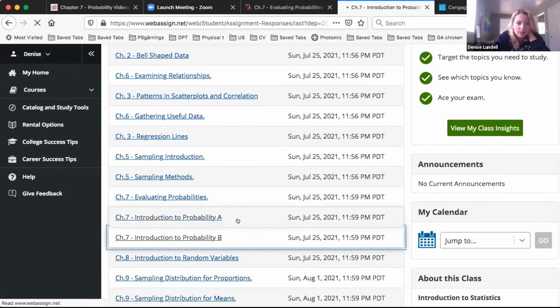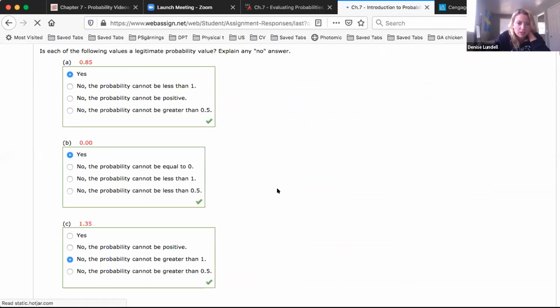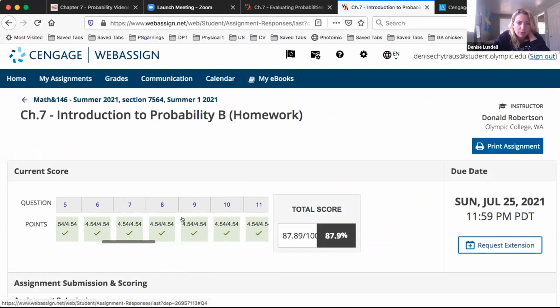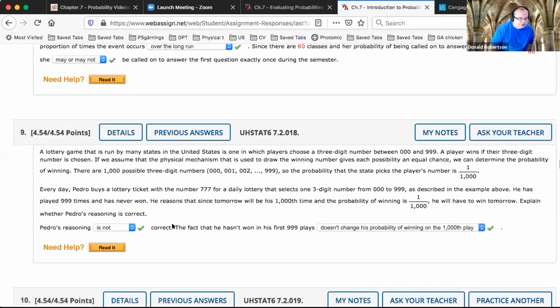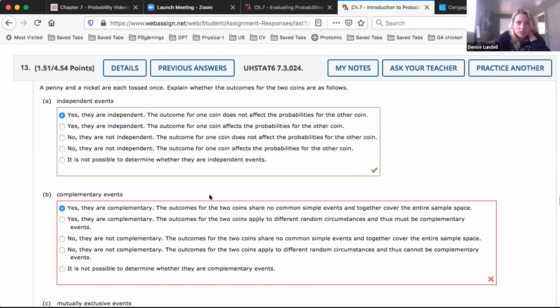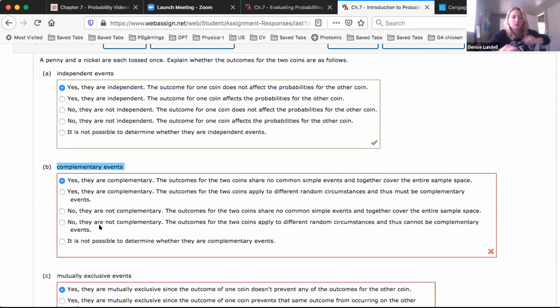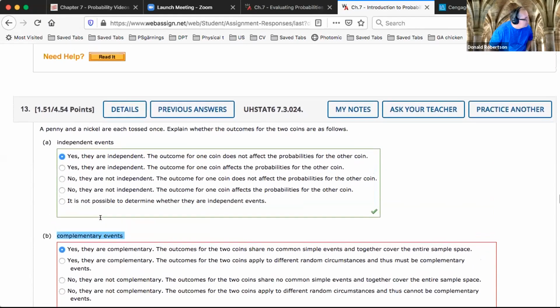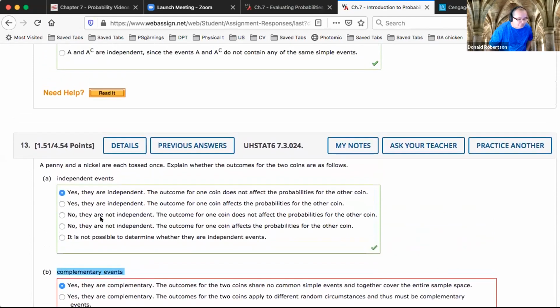Yeah, and I think I have the same type of question that I couldn't get in this chapter B part. So what number is this? It's chapter 7, part B, number 13, we're in a different section. Okay, and that's where I actually got the complementary one wrong. So that would be a good one to go to too. Okay, it's the same one actually. Right. So 7A or 7B? 7B.